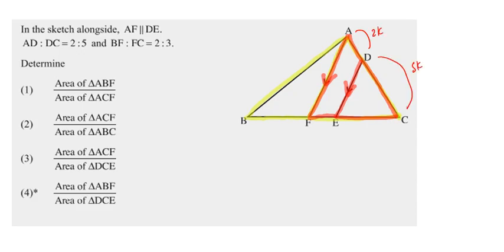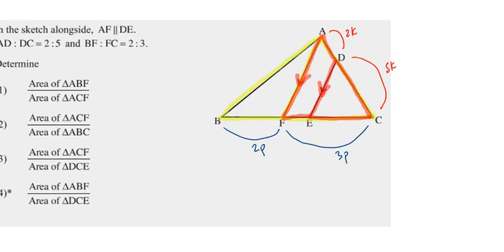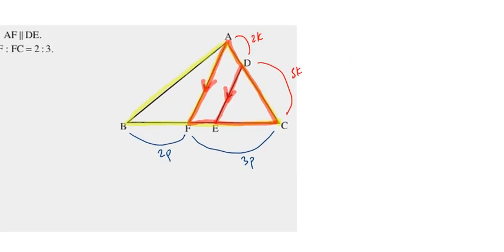And then BF is how much? Is 2, so we use 2P, and then FC is given as 3P. This is what we have, guys. This is a very, very beautiful question. In fact, a classic question from what we were doing the last time. Before we even answer the question, let's actually deal with getting as much information as we can from this.